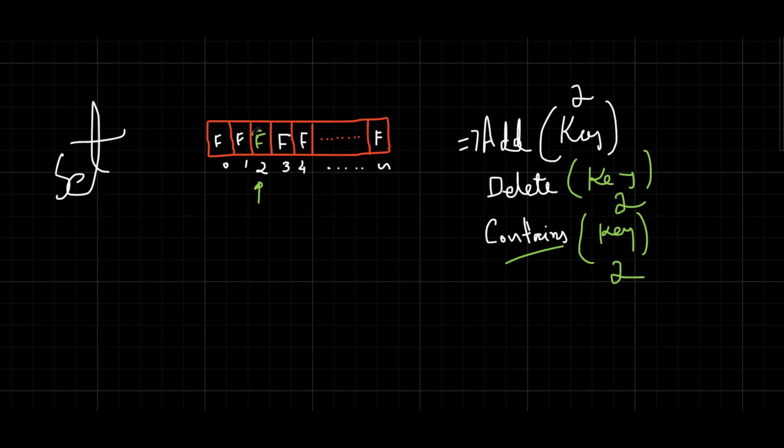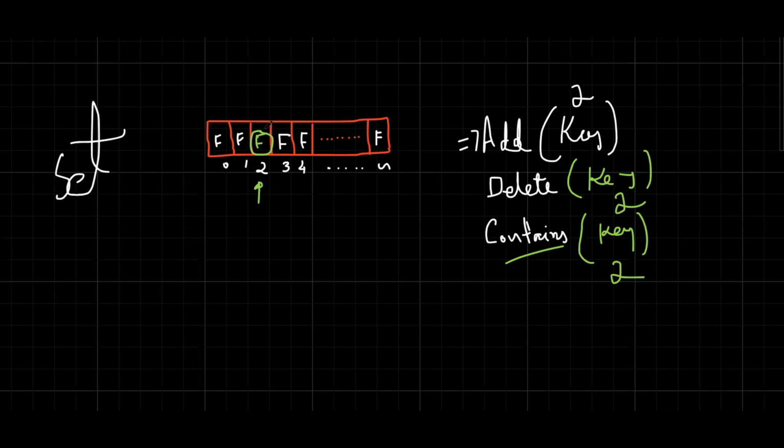Here we see that the value of index 2 is false. That means this element is not present in the set. If it is present in the set, the value will be true. So here we have to simply return the respective index element. So this is the basic of the contains method.